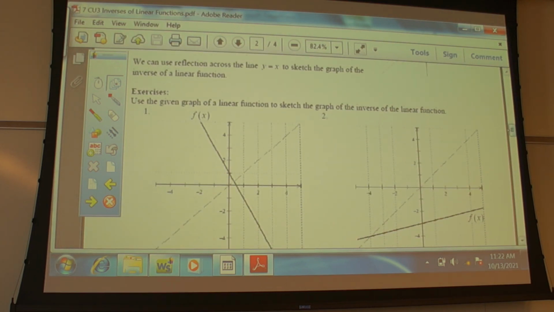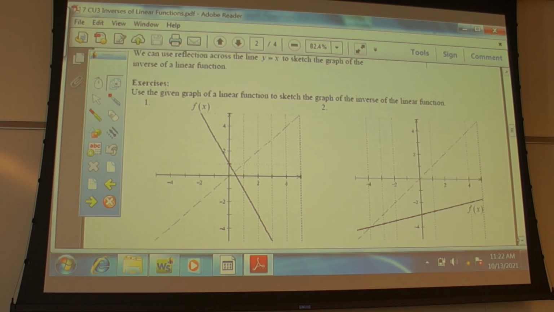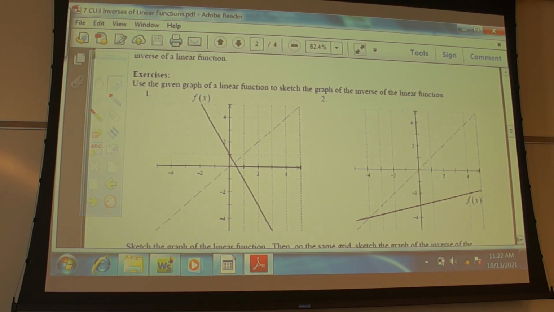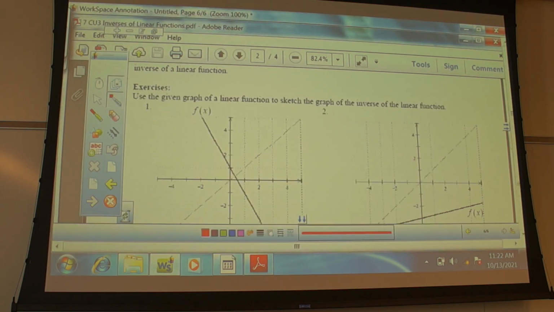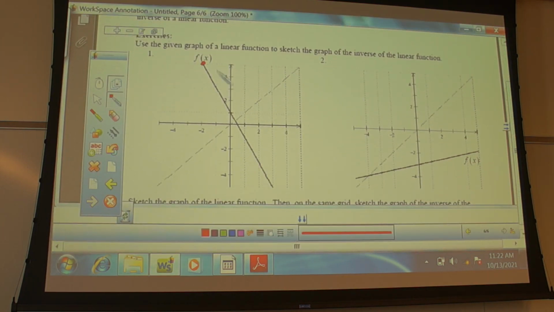All right, so we can use reflection across the line y equals x to sketch the inverse of a linear function. So we're going to do just that. We're going to grab these points here, and we're going to reflect them. We'll do the same thing with this one. Grab these points here, and just swap the points.